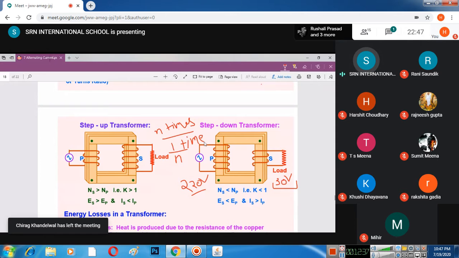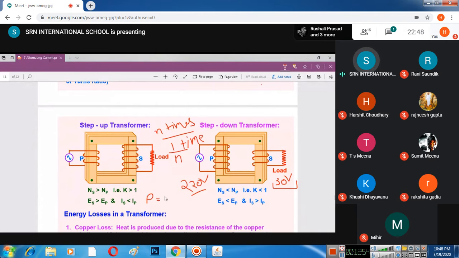Because in a transformer there is one more principle which is used, that is power loss is always zero. That means it does not lose the energy.